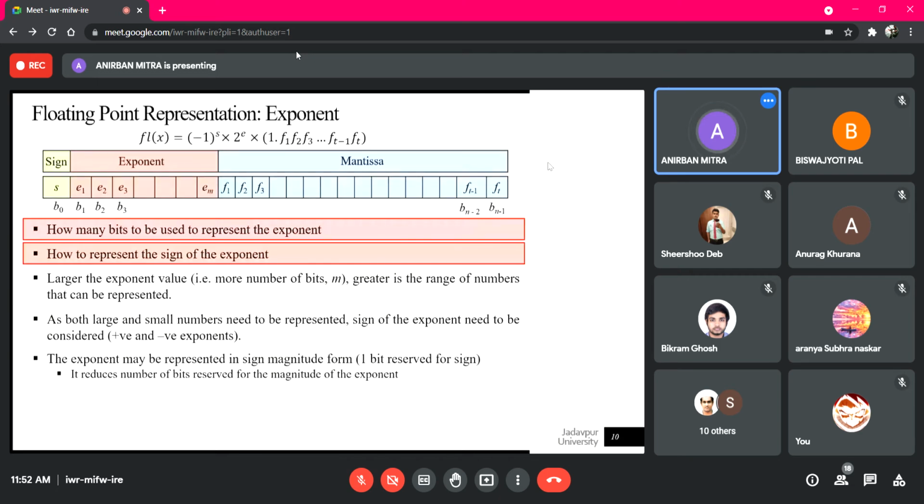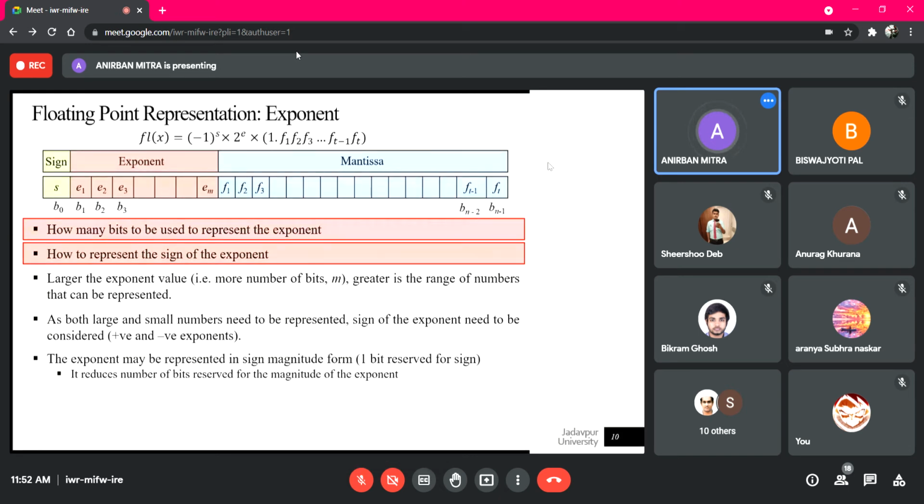We can do it in the same way that we took care of the sign of the mantissa. That means we can reserve 1 bit for sign, so the exponent may be represented in sign magnitude form. But that reduces the number of bits reserved for the magnitude of the exponent. Not by much, of course, but there is a problem that comes out of this representation.